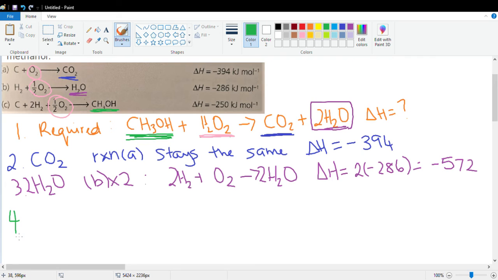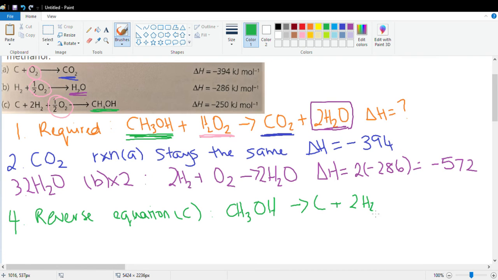So for step 4, we are going to have to reverse equation C. And so what that's going to look like is you're going to get CH3OH creating carbon, 2 hydrogens, and a half oxygen.